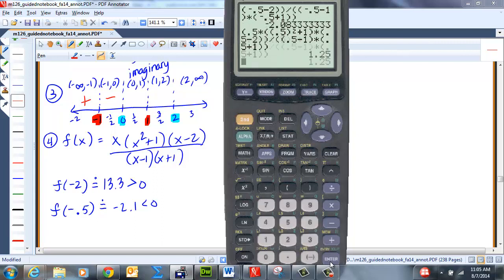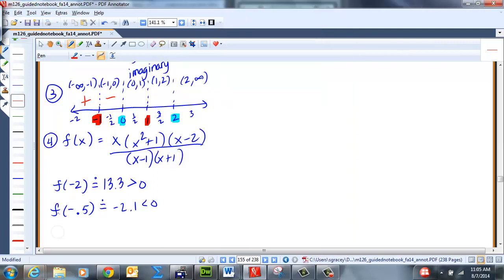Okay, and we're good. That gives me 1.25. So f at positive 0.5 is 1.25, which is greater than 0.